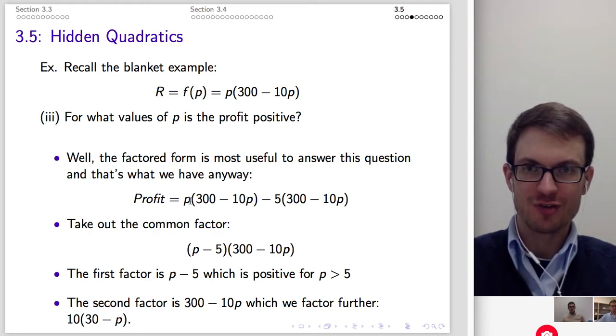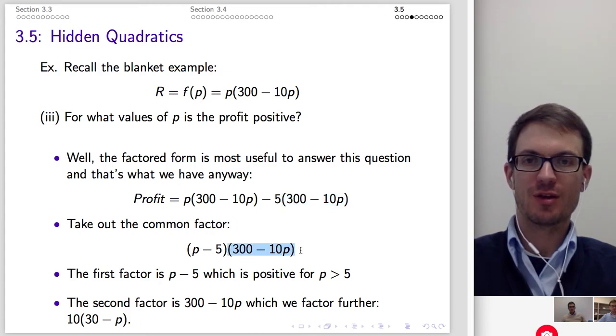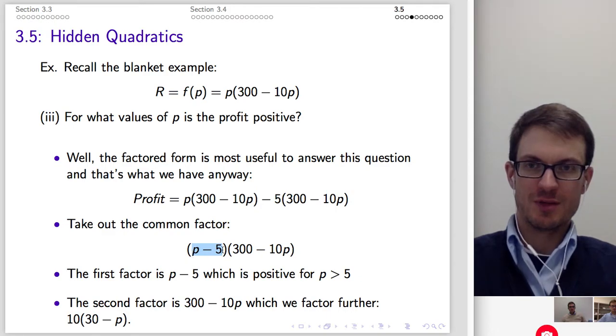Let's factor, as I suggested, let's factor out this quantity, 300 minus 10p, and we'll get P minus 5 times the quantity 300 minus 10p. Look at this. This thing is P minus 5. This is positive for prices bigger than 5.